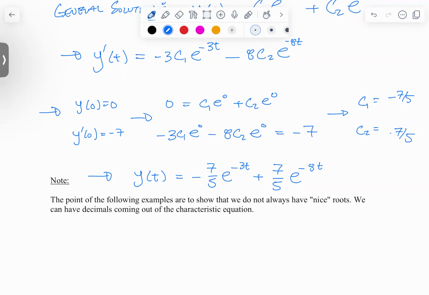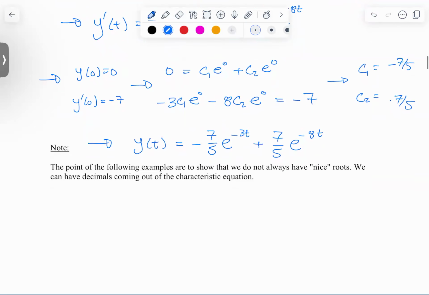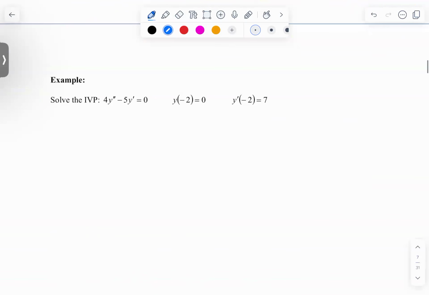Now, we have nice solutions to our roots, but that is not always the case. And this is definitely what I want to emphasize with why I use the matrix, because a lot of times our numbers just end up very, very ugly.